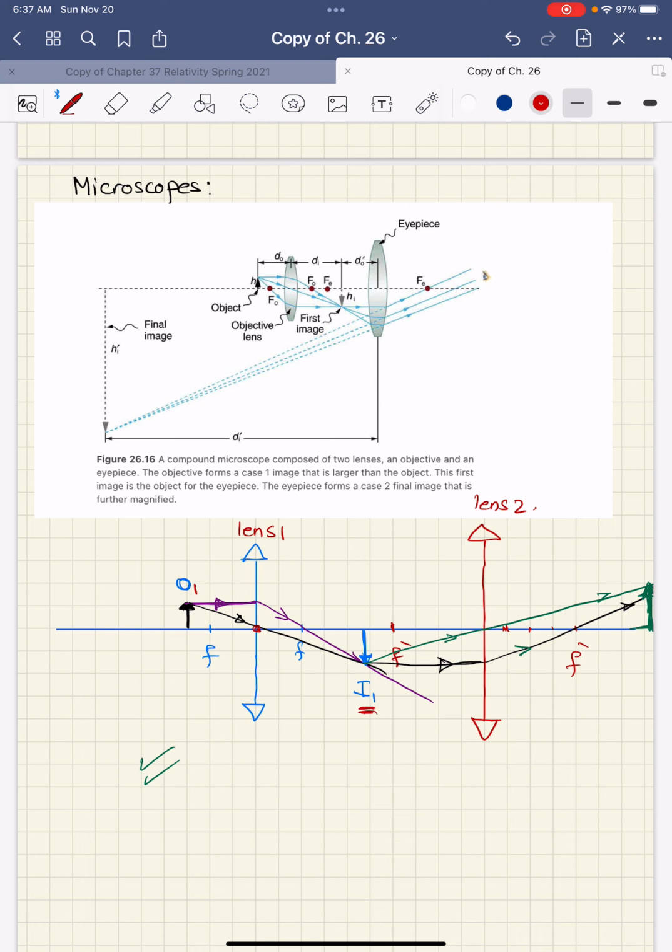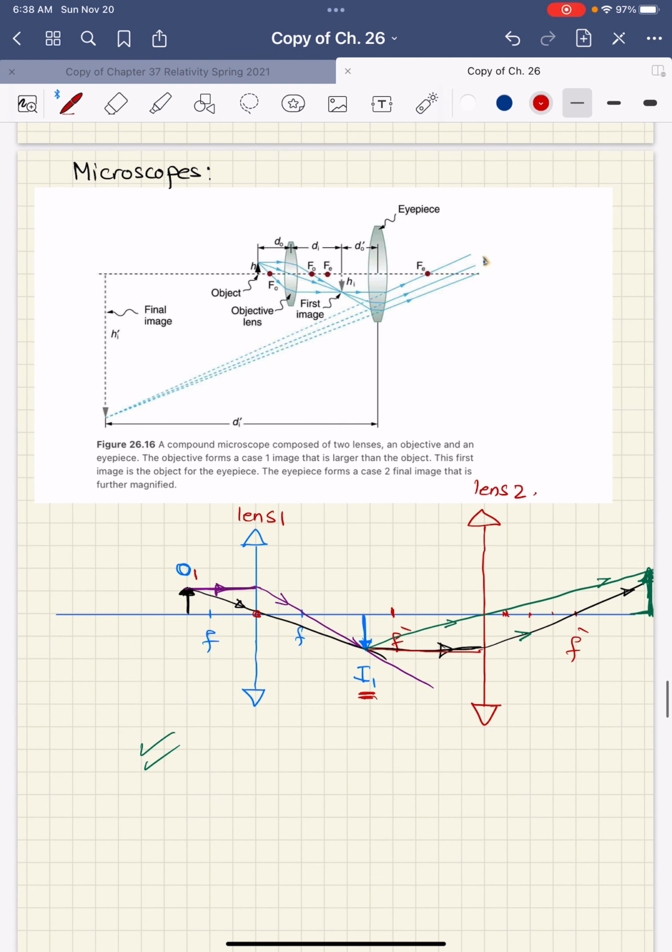Now, my first image is going to be the object for my second lens, and therefore this is one light, and then it's going to refract through the focal point for the second one, and the second light, the green one, is going to go through the center, and then finally they are going to form the image two. The overall magnification is M1 times M2.